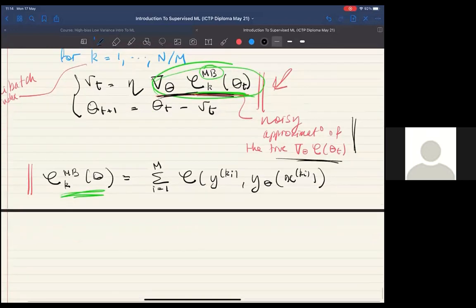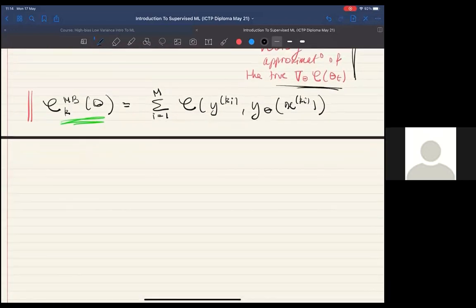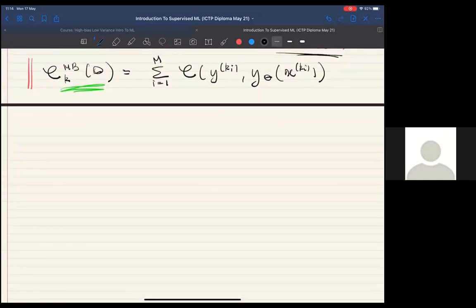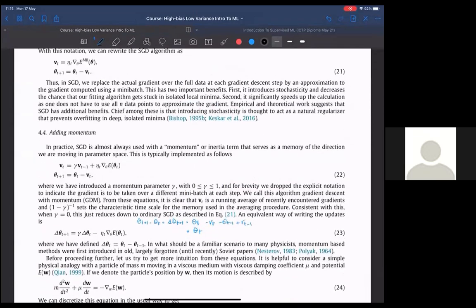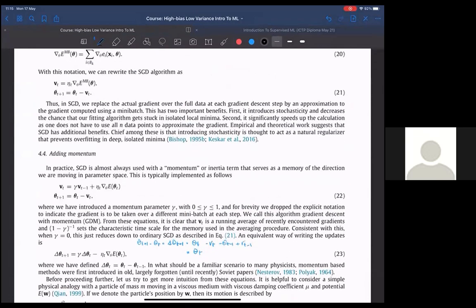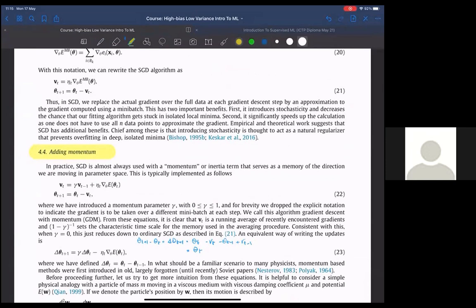I would like to continue from there, just so that you see where we are in the notes. I want to discuss momentum.